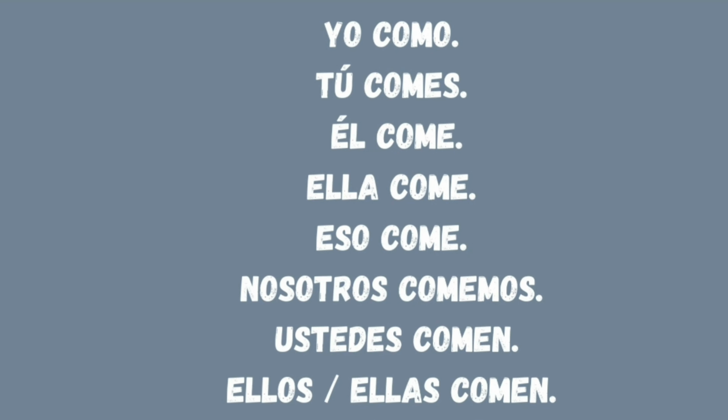Nosotros comemos, we eat. Ustedes comen, you eat in the plural form. Ellos o ellas comen, that means they eat, okay? Just remember the personal pronouns in Spanish, and then we will see the conjugation of each verb in Spanish, okay?